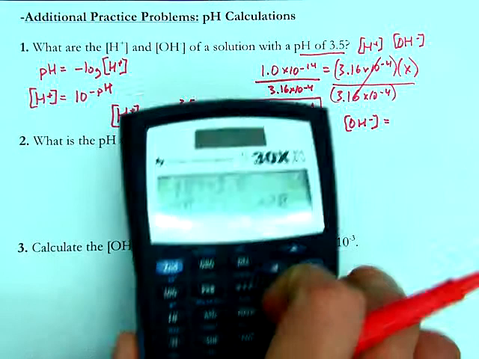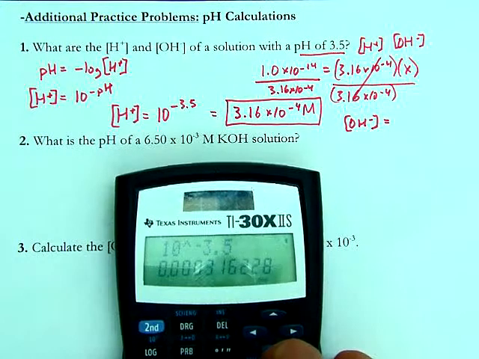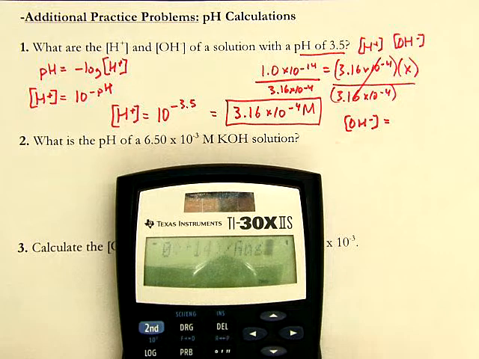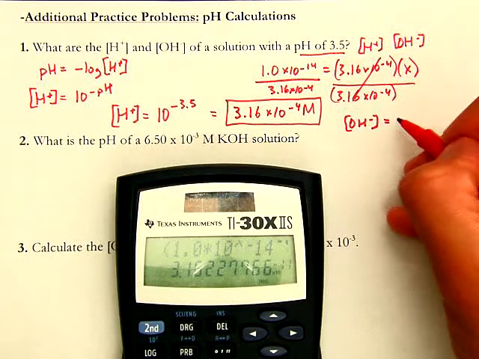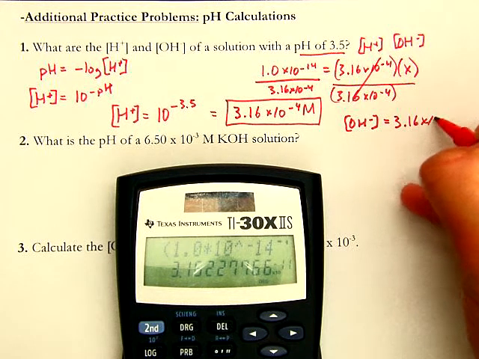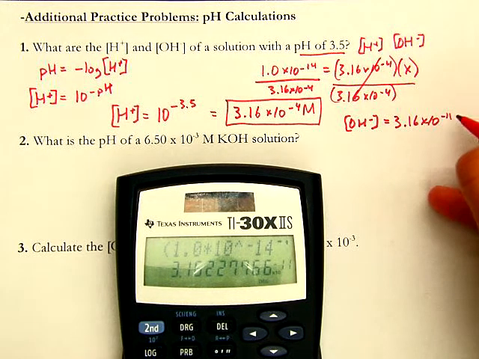Let's plug it in and see what we get. 1.0 times 10 to the negative 14 divided by that number, and we get 3.16 times 10 to the negative 11.